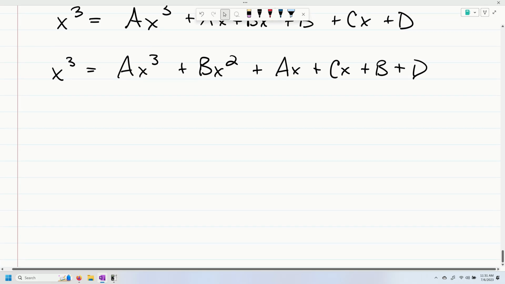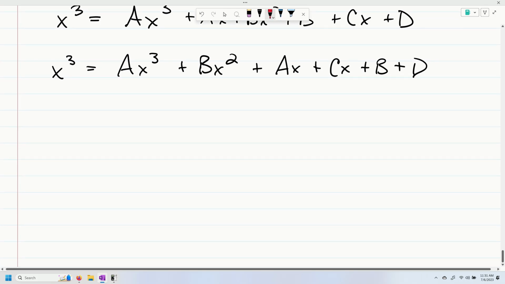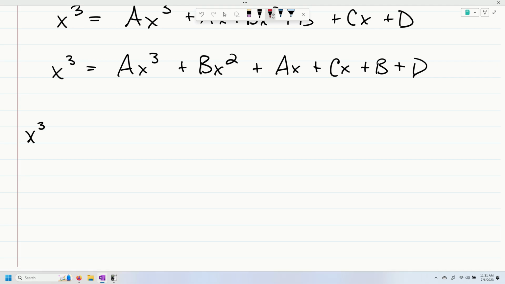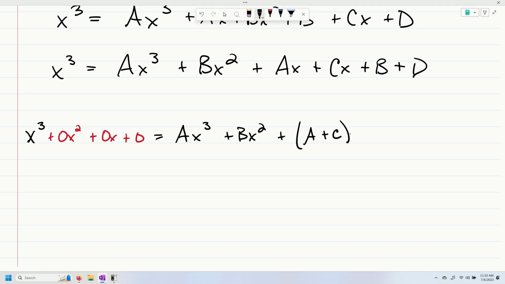And finally, if I'm going to really be 100% honest with this, on the left-hand side, you get x to the third plus 0x squared plus 0x plus 0. There is a descending degree, equals x to the third plus bx to the second plus the quantity a plus c times x plus b plus d.